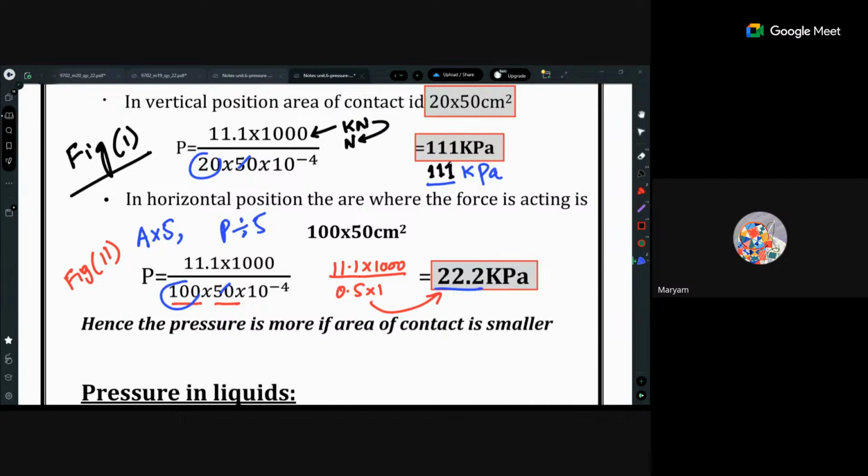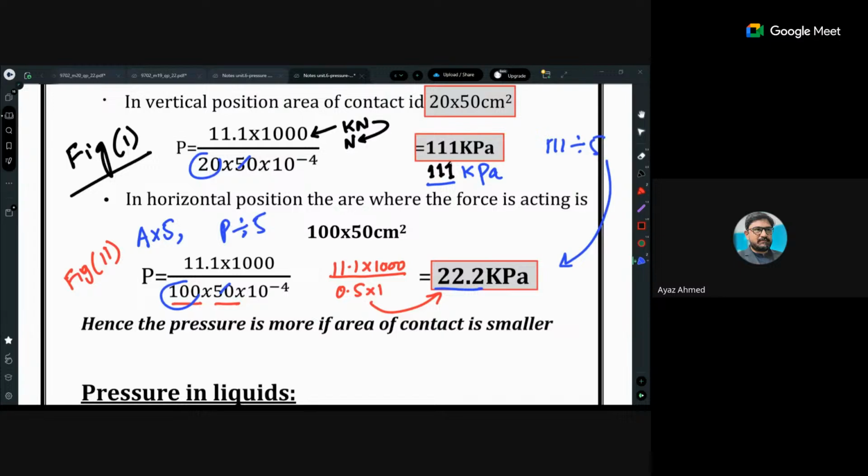Oh, okay. I get it. Got it? Yes. So when you divide this 111 by 5, just see what you get. 22.2. That's it.